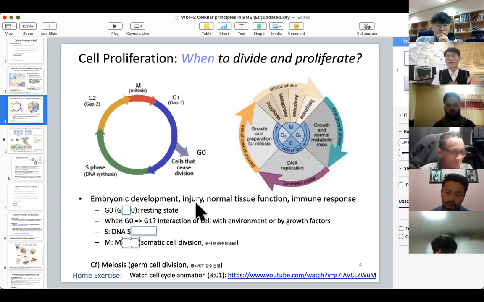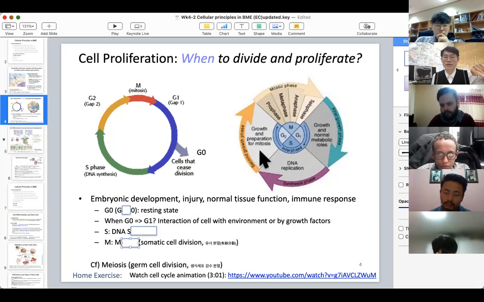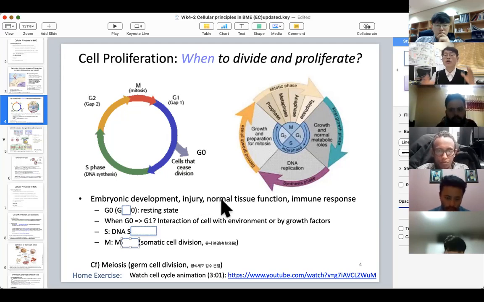Let's say we get a cut here, and the nearby cells get the signal and have to divide to fill up the lost part of our tissue. And not only injury, but normal tissue function. For example, our vessels are covered by endothelial cells, and a small percentage of them keep replenishing themselves.